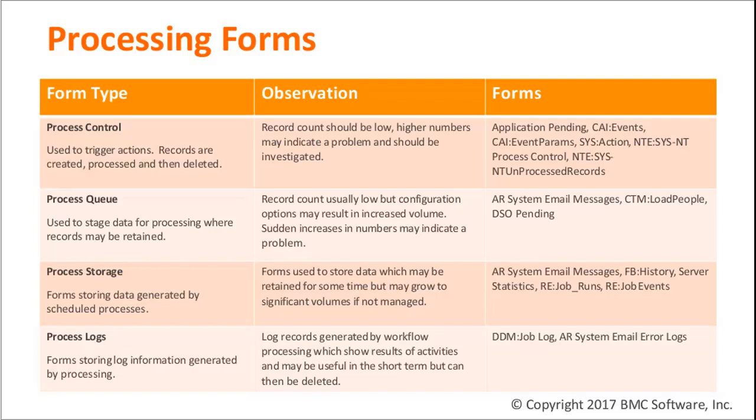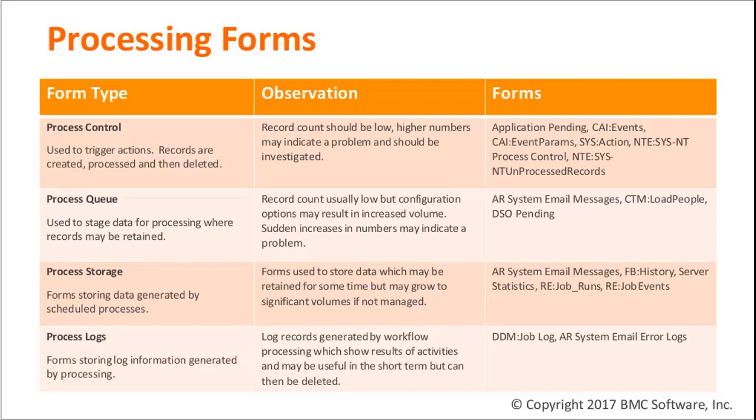So the expectation here is that records are created and deleted pretty quickly, and overall the volume in these forms should be maintained at a low level. If you see a sudden uptick in the number of records, or records that have been around for a very long time, it's probably worth trying to go and have a look and understand what's going on.